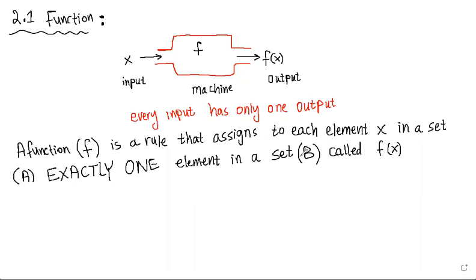So what is the domain and what is the range? Let me define the domain and the range. So the domain, it is my A set, is a set of all possible inputs.